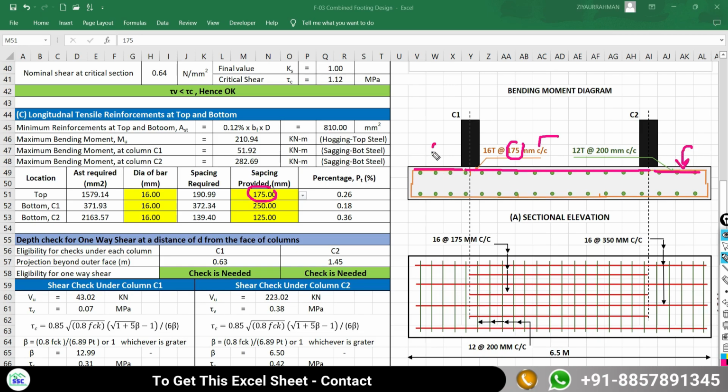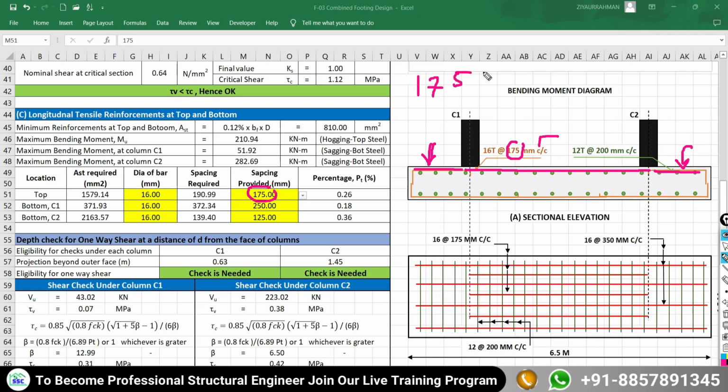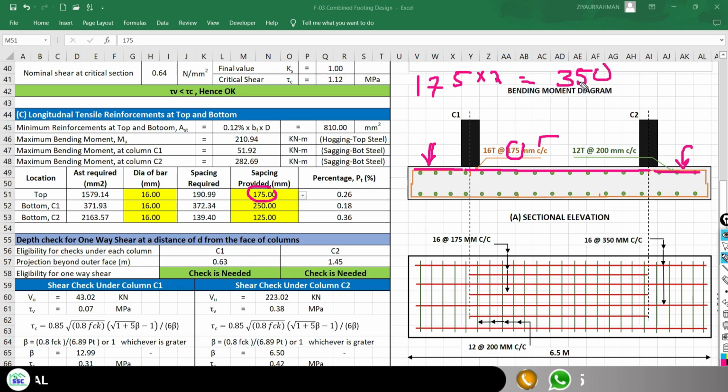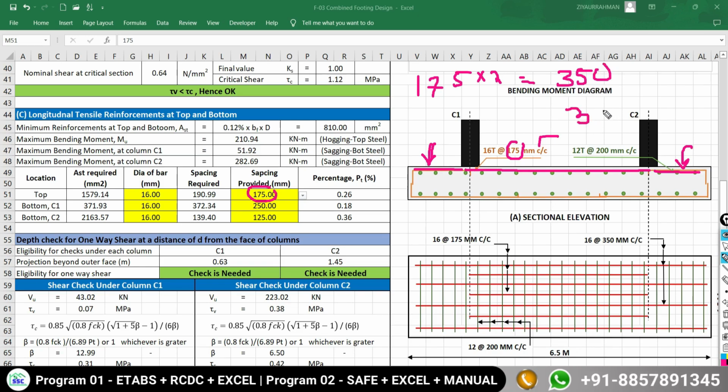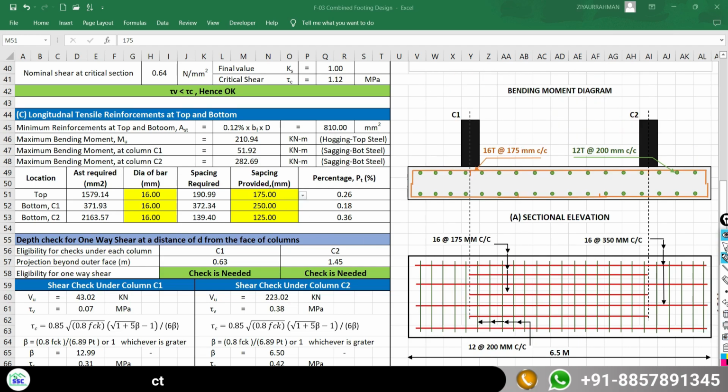So the spacing I am going to provide here is twice this 175 spacing. 175 multiplied by 2 becomes 350 mm. And as per the code recommendation, you are not allowed to provide spacing of more than 300 mm. That's why the maximum limit to provide the spacing is 300. That's why I am going to keep it as 150 instead of 175. I am going to provide 150.